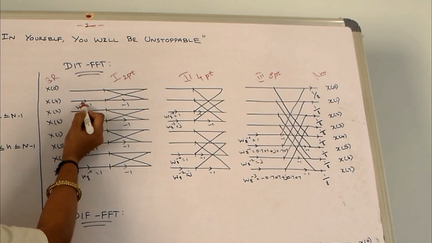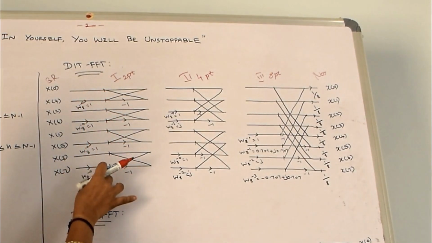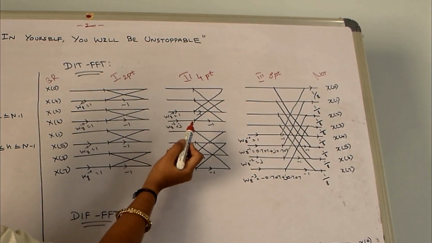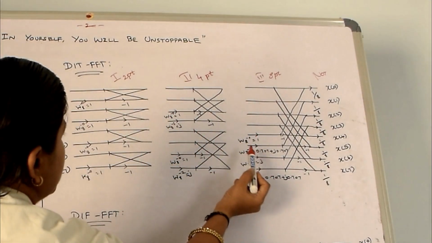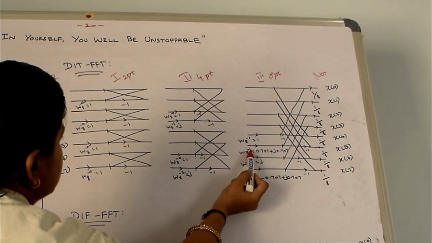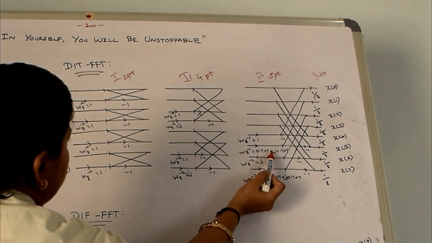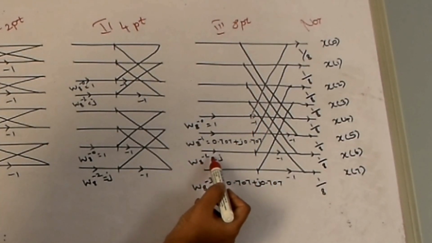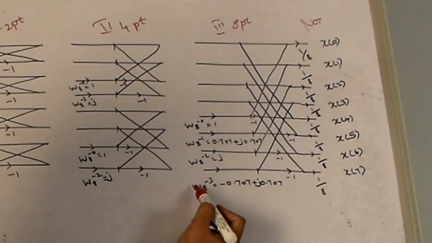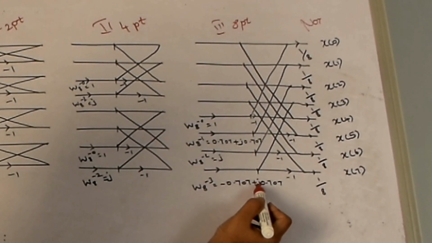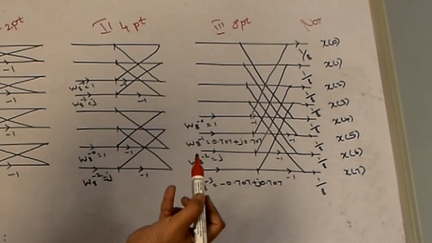We have minus here: W8 power minus 0 in the second half of the sequence, and here W8 power minus 0 and W8 power minus 2, and in the final stage W8 power minus 0 which is 1, W8 power minus 1 which is 0.707 plus j 0.707, W8 power minus 2 which is plus j, W8 power minus 3 which is minus 0.707 plus j 0.707.